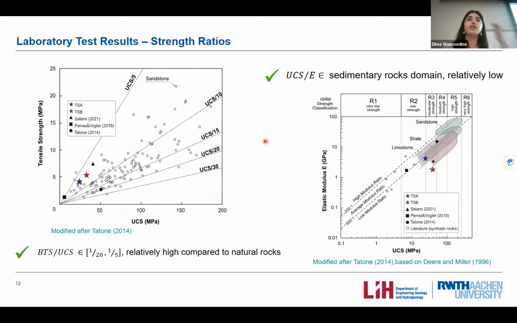Now, on this slide, on the right-hand side, we can see we have plotted the strength ratio and the modulus ratio. The strength ratio, first of all, is the tensile strength over the UCS.